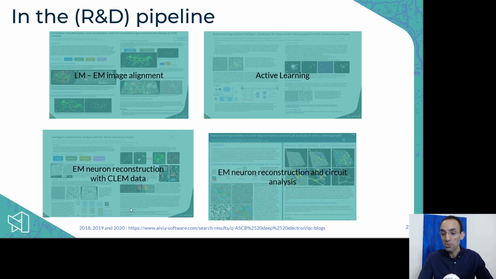We do plan, and this was one of the earliest posters we presented, in 2018, the reconstruction of the circuit based on connection points, so synapses, that we need to first detect. And we have a method for detecting the synapses already. So once we can bring that online, we can then also detect and study small circuits and then bigger circuits in the near future.